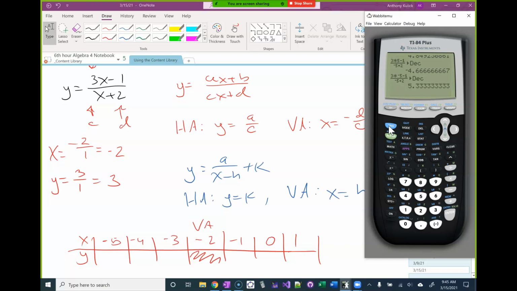So I can just update it to be negative 4 and press enter again. And I can just keep doing this over and over again, right? Is that okay with you guys?